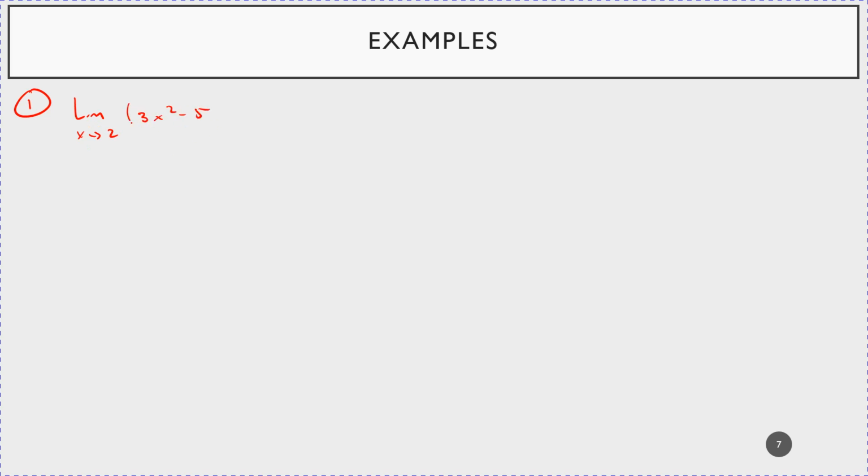Well, look, because it is a polynomial function, you're literally just going to plug this 2 in. So you get 3 times 2 squared minus 5. So what is 2 squared? 2 squared is 4. 3 times 4 gets me 12. Right? And then 12 minus 5 gets me 7. So I literally just plug this in.